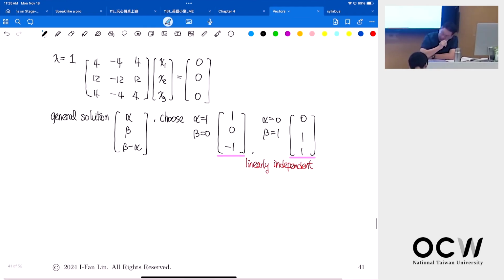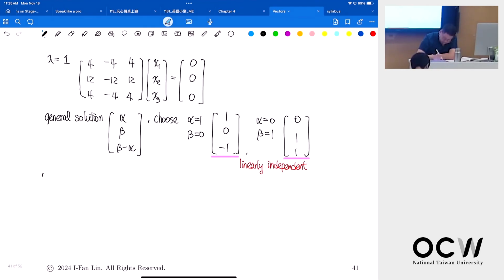So we have three vectors. We have the eigenvalue minus 3, the corresponding eigenvector will be 1, 3, 1. And then 1, 0, minus 1, and also 0, 1, 1.